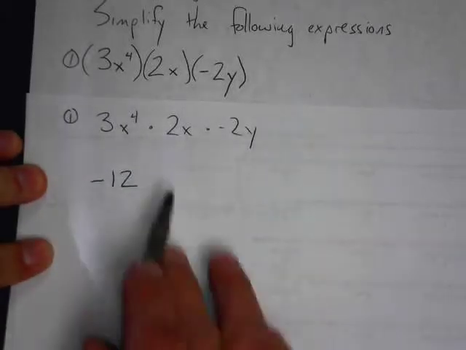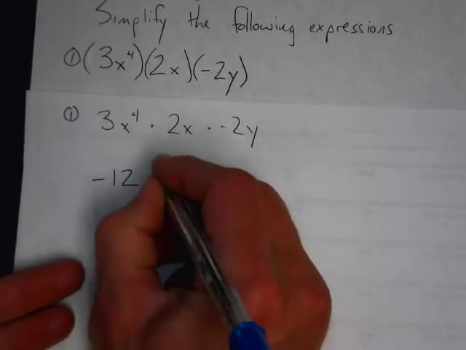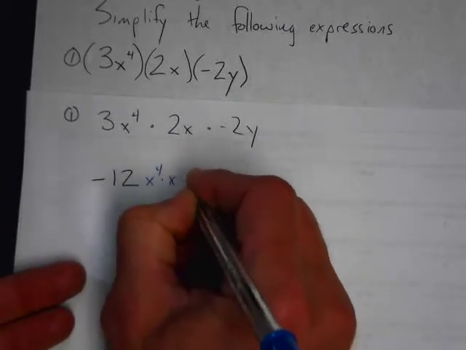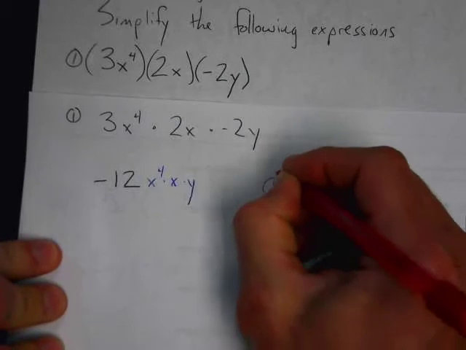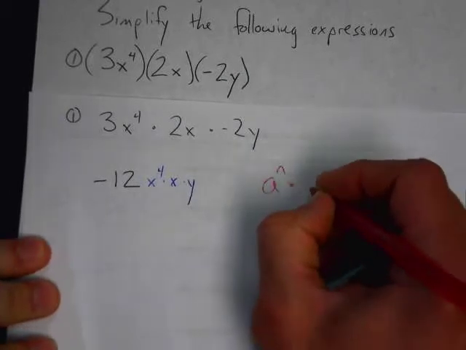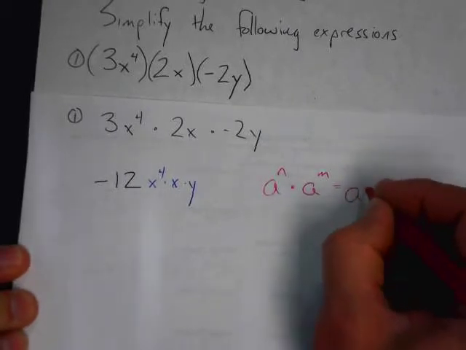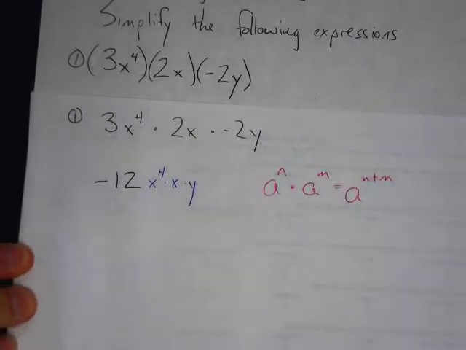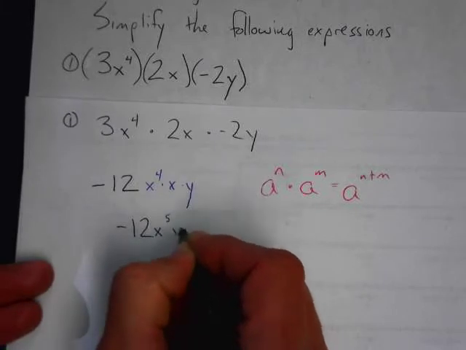And then we can multiply x to the 4th times x times y, and now we have some review from laws of exponents. If you remember the review from laws of exponents, any base times the same base, we just simply keep the base and add the exponents. Okay, so what's going on with the x's is exactly that law. So we have negative 12, x to the 5th power y.